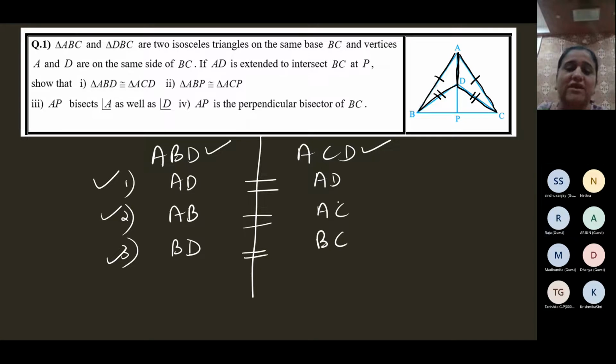What is the criteria for writing these equalities? Let me tell you one. AB is a side of triangle ABD, and it is equal to AC, which is the side of the other triangle ACD. So you cannot write two sides of the same triangle.